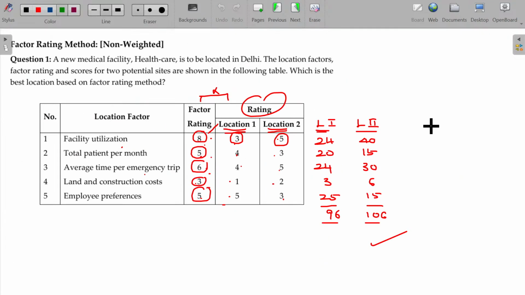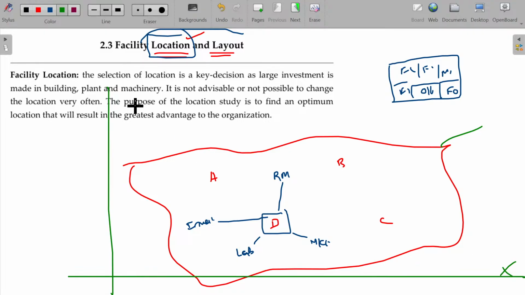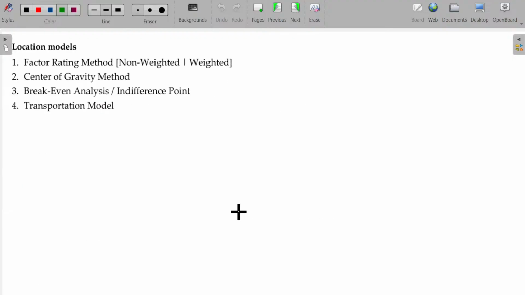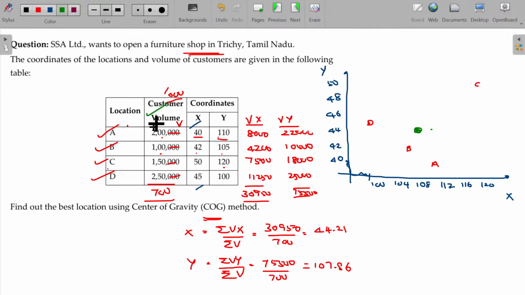This is my first illustration I gave here. Okay, you convert this into a graph, and this is the x-axis, this is the y-axis, and these are the coordinates, where D may be the best one. This D coordinates may be calculated this way. So here we have taken one more point, which is nothing but the customer's volume also.